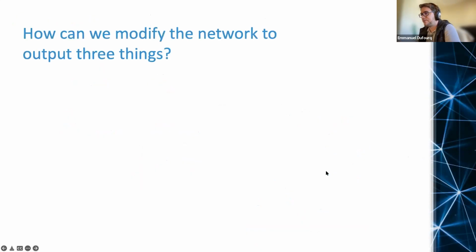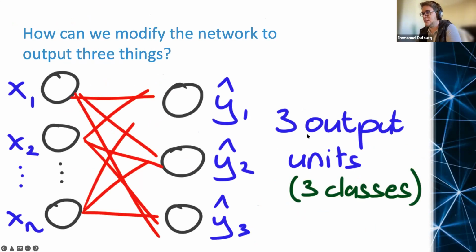So how can we modify the network to output 3 things in the case of a 3-class classification problem? So what we can do is we have our inputs as usual, maybe n inputs. And for a 3-class problem, we have 3 output units, 1 unit for each class.